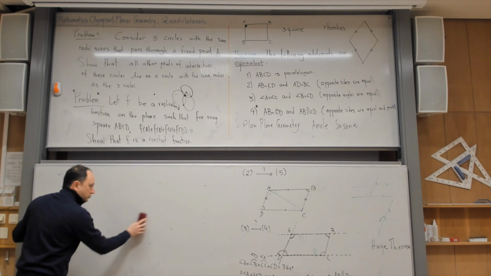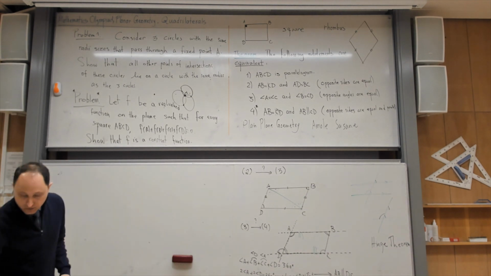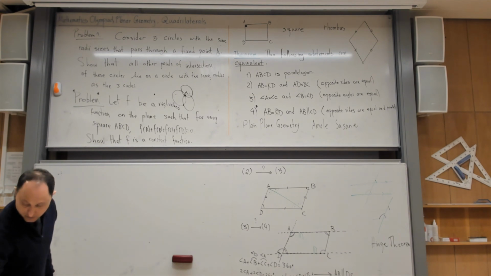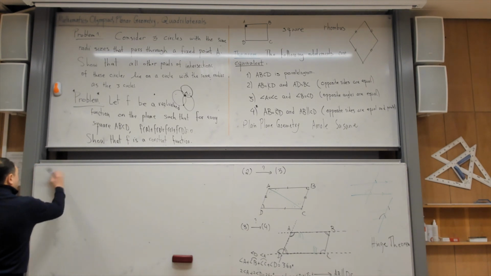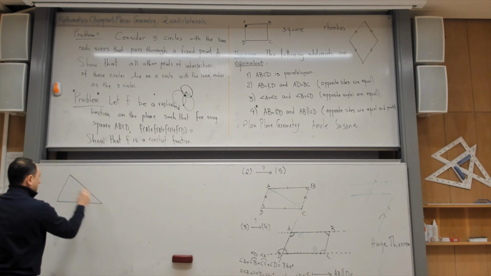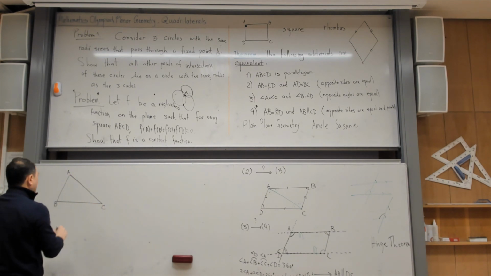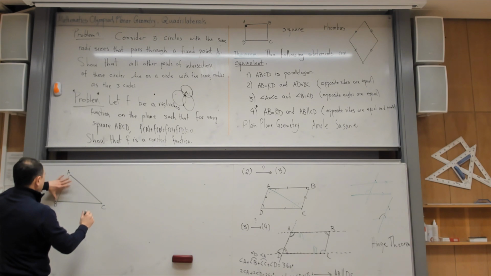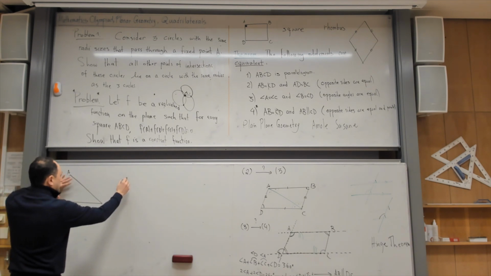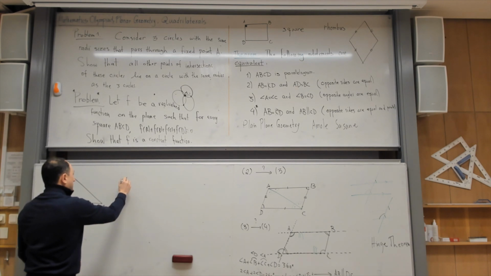It's a very intuitively clear theorem. And this tells you that if I have two triangles, so I want to draw them somehow. So if I have a triangle, let me just draw it like this: A, B, C. And then I want to keep the other one the same size.